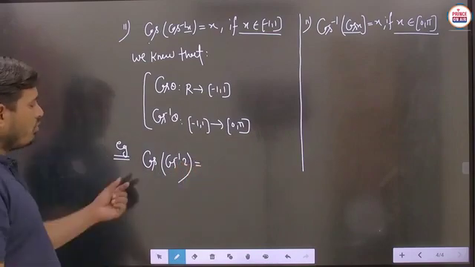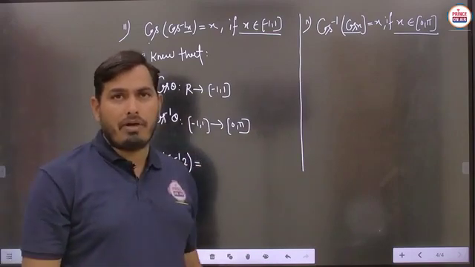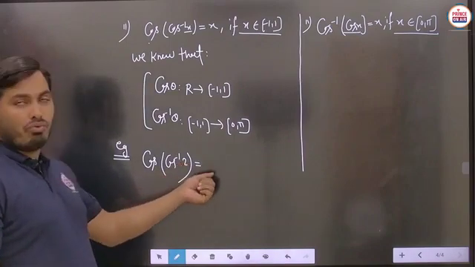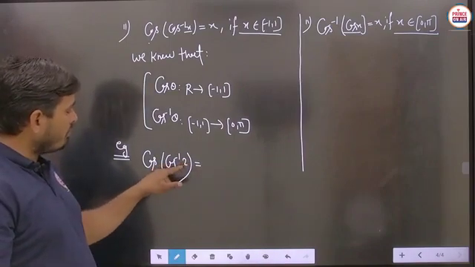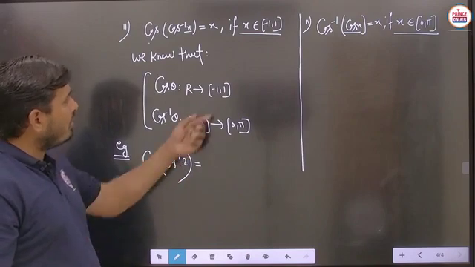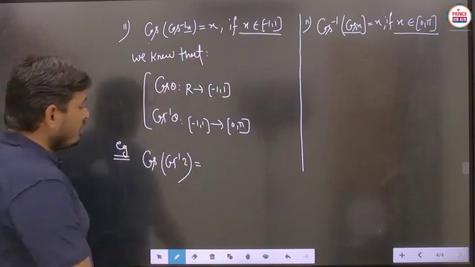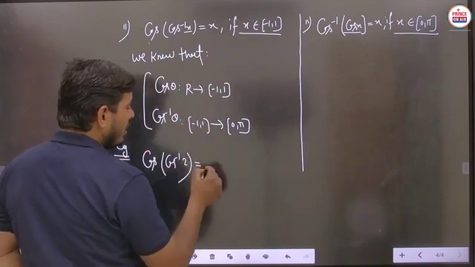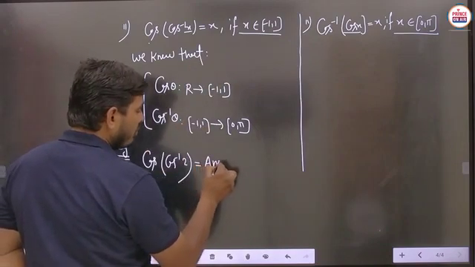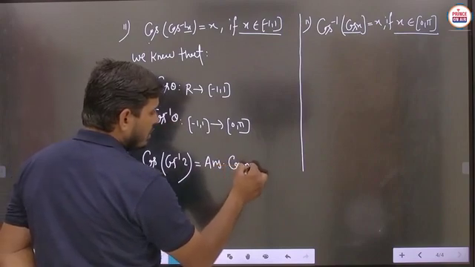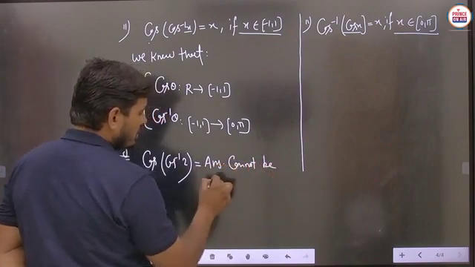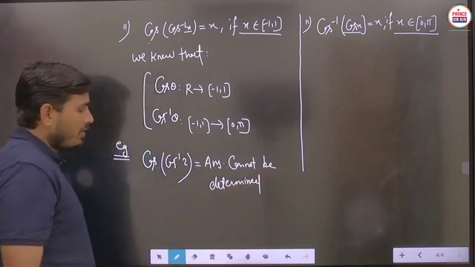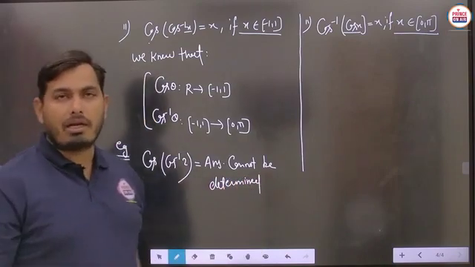Again, student, cos of cos inverse 2, if we evaluate here, we will not say that this is 2, because before writing 2 we have to check whether this 2 belongs to this interval or not. Definitely this 2 does not belong to this interval. So we say that the answer cannot be determined. In such a way, student, we cannot transform this particular x, and thus we say that the answer cannot be determined in such cases.